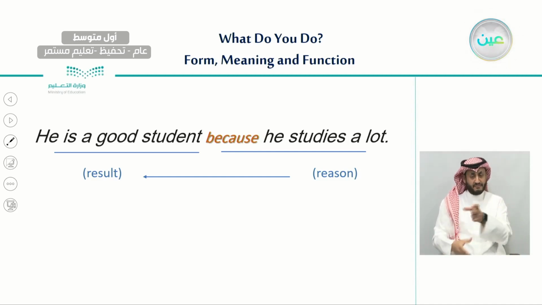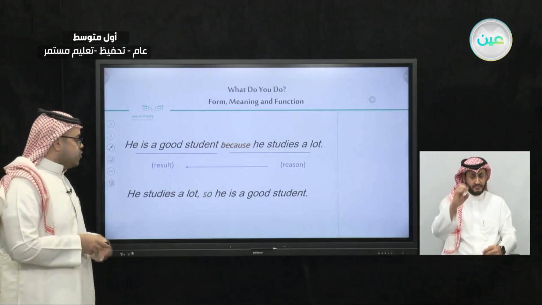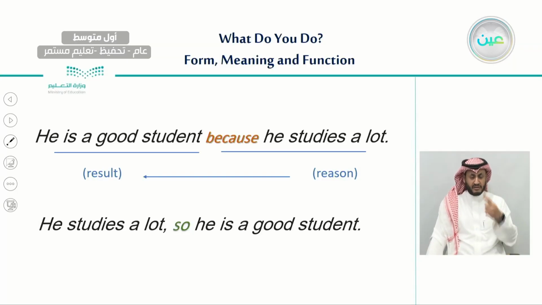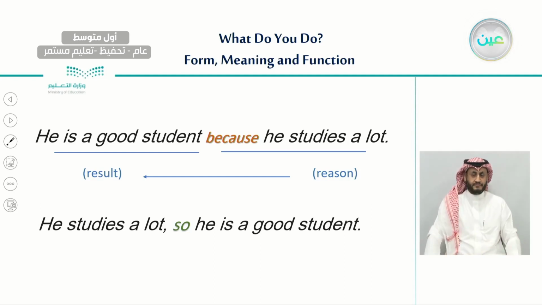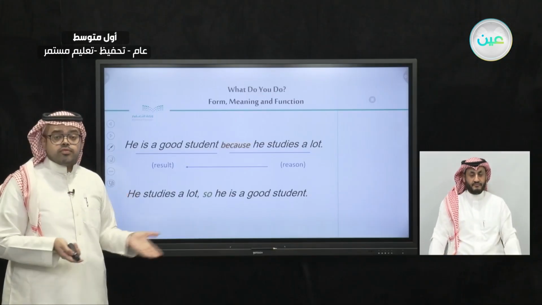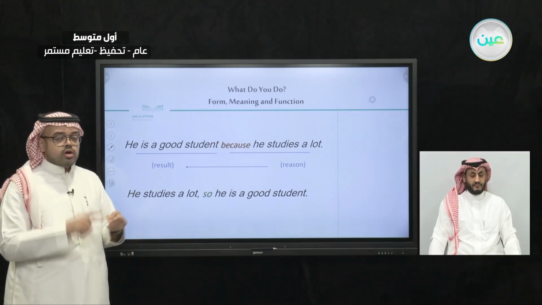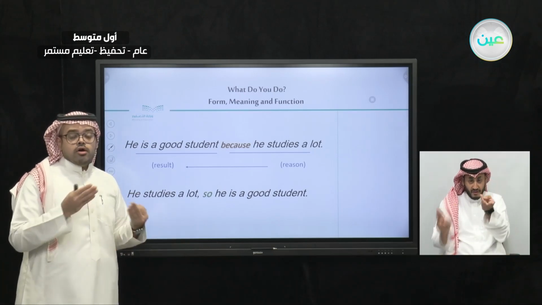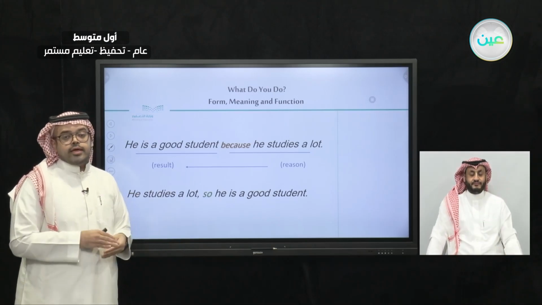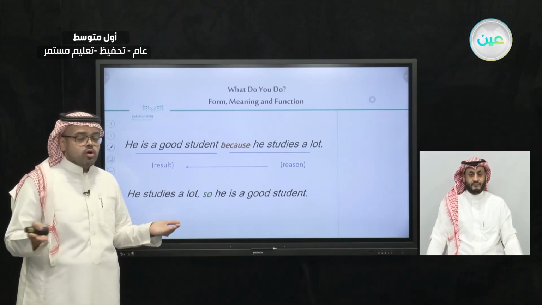Let's see now, how can we use so? You see this sentence, he studies a lot, so he is a good student. He studies a lot, this is the reason. But what is the result of this reason? He works hard, he studies a lot, he wakes up early every morning, he goes to school, he does his homework all the time.